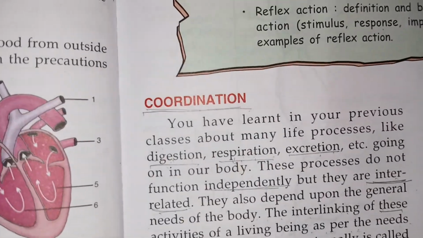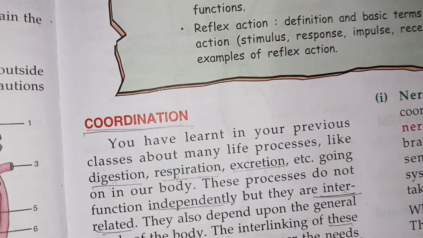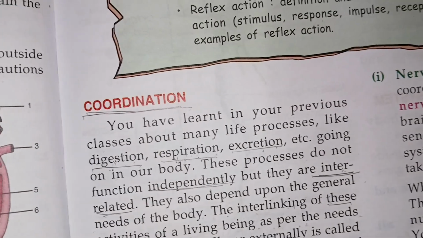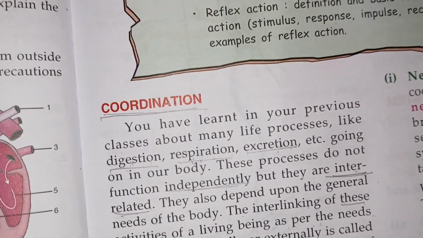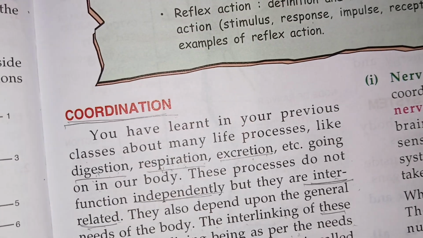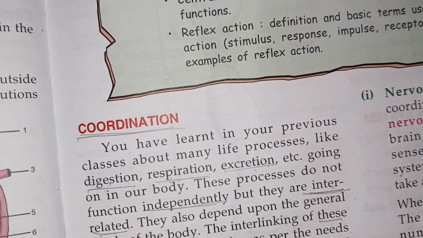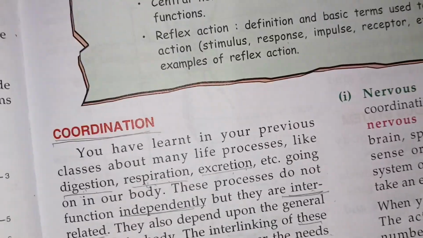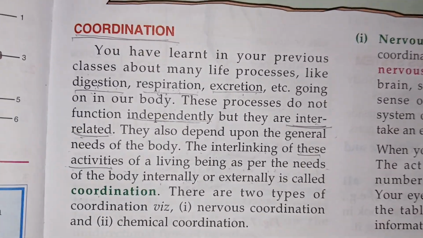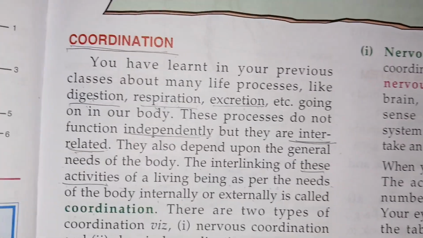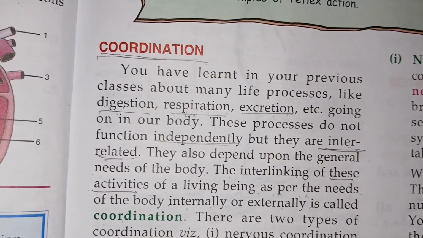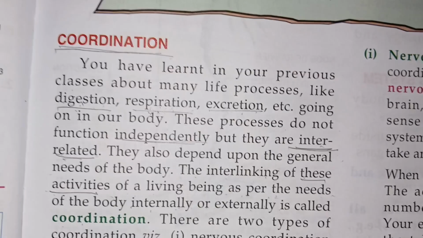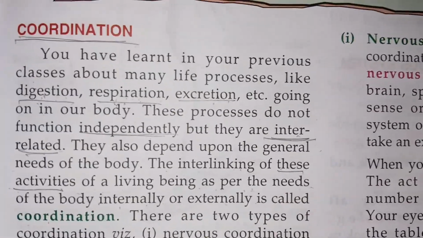Suppose while eating food material, saliva is secreted in the mouth and the food is passed through the food pipe into stomach. From stomach, food enters alimentary canal. While digesting the food in the alimentary canal, digestive juices are generated. They are transported into the cells of the entire body through circulatory system.